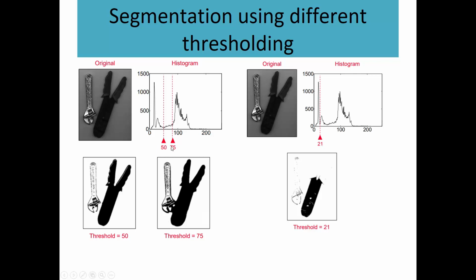While if we select a threshold value more or less near to this cluster of pixel intensity values, then we can get an output here.